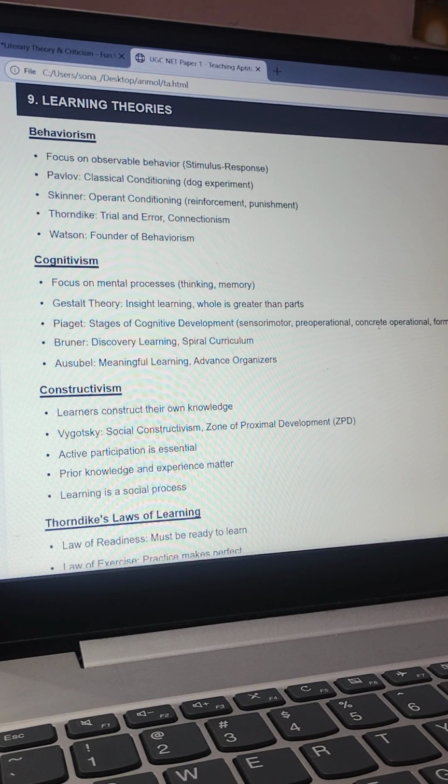Whenever you see Pavlov, it deals with classical conditioning, and when we talk about Skinner, we talk about operant conditioning, that is reinforcement and punishment. Similarly, Thorndike is trial and error, connectionism, and Watson is the founder of behaviorism.